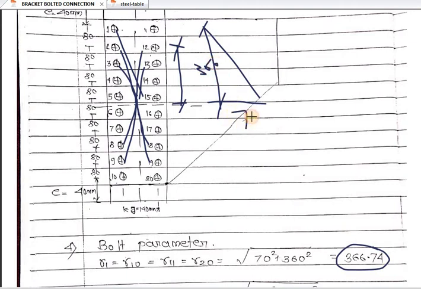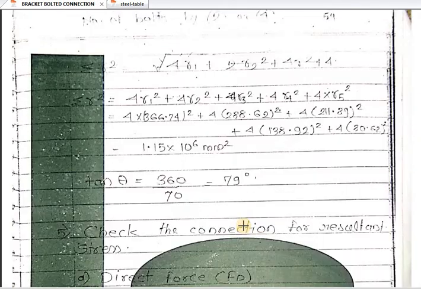We are finding out theta here. So theta is equal to tan inverse of 360 upon 70. So it comes to be 79 degrees.